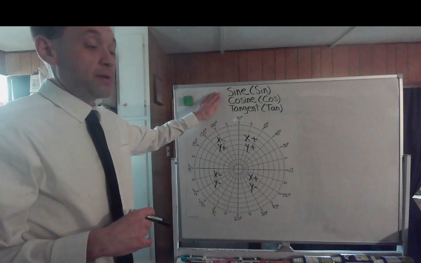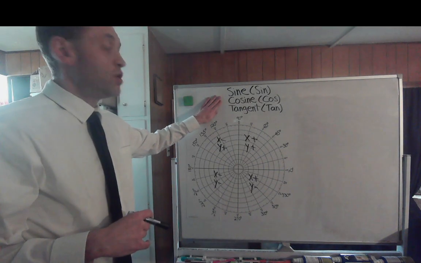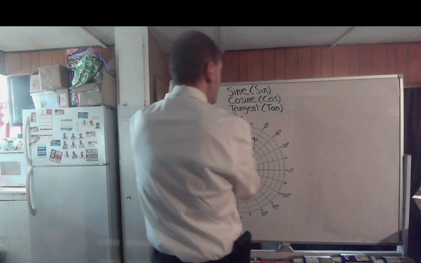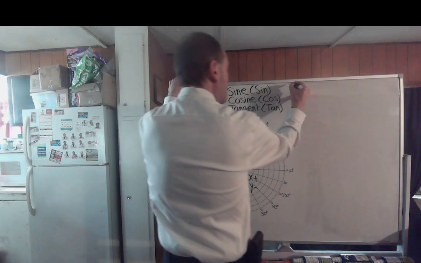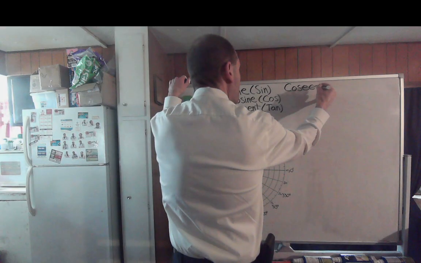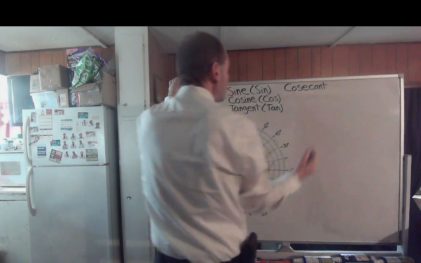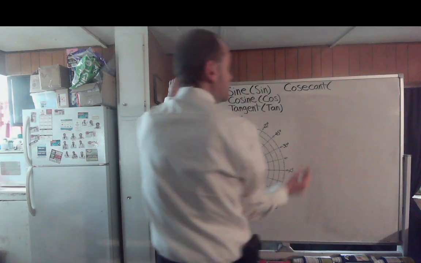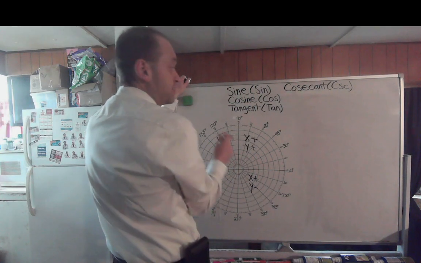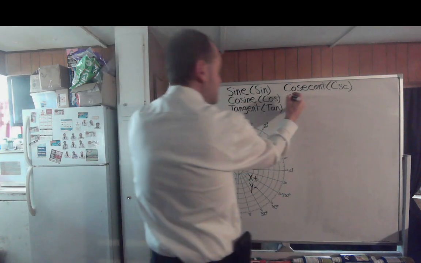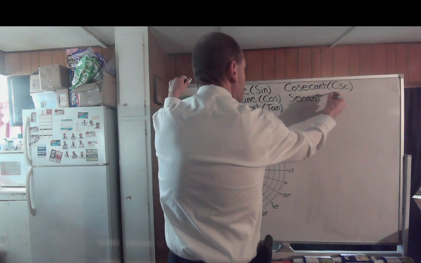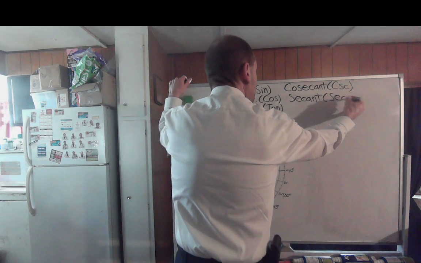Well, there are three more functions, and all those three are reciprocals of these three. So the reciprocal of the sine function is called the cosecant function. The cosecant is abbreviated CSC, and then the reciprocal of the cosine function is the secant function, which is abbreviated SEC.